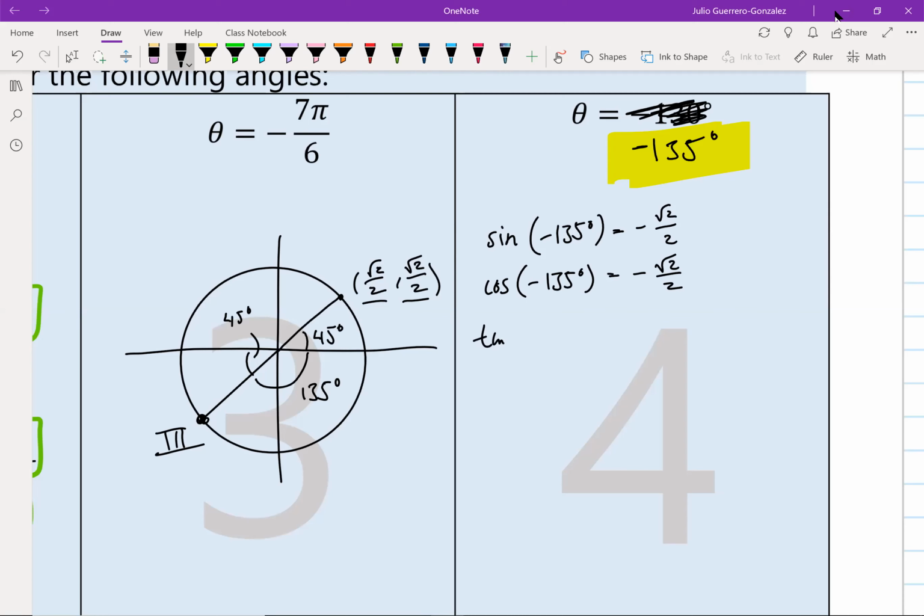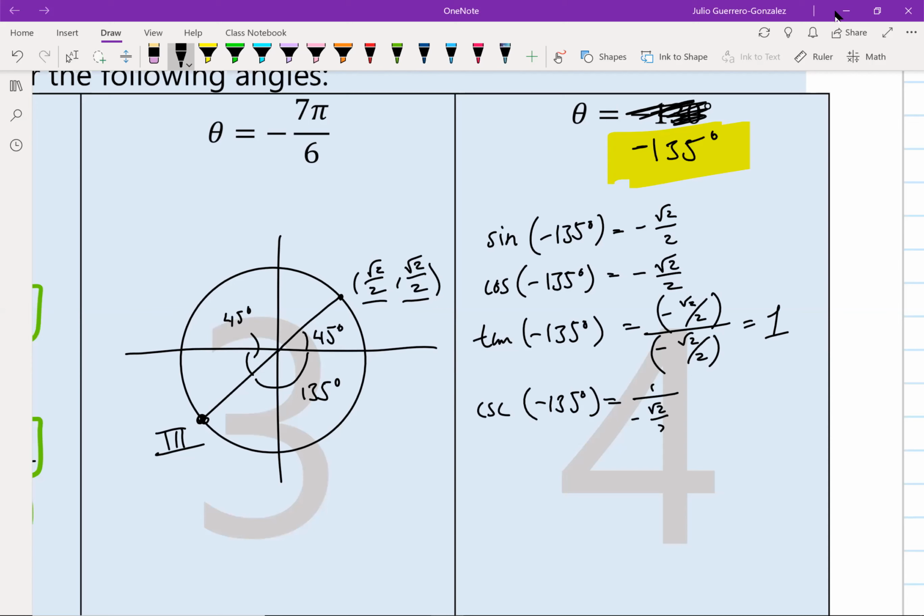Tangent of -135 degrees is negative root 2 over 2 divided by negative root 2 over 2, which is 1. It's divided by the same stuff, right? Cosecant of -135 degrees is 1 over sine, so 1 over negative root 2 over 2, which is negative root 2.